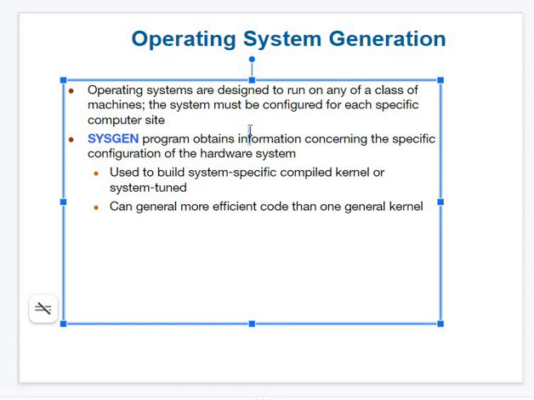Somebody else wants a research lab, so they want research-lab-oriented software or operating system. A third person wants one for a bank, related to banking, etc. So that means the operating system keeps on modifying, providing general solutions wherever required.